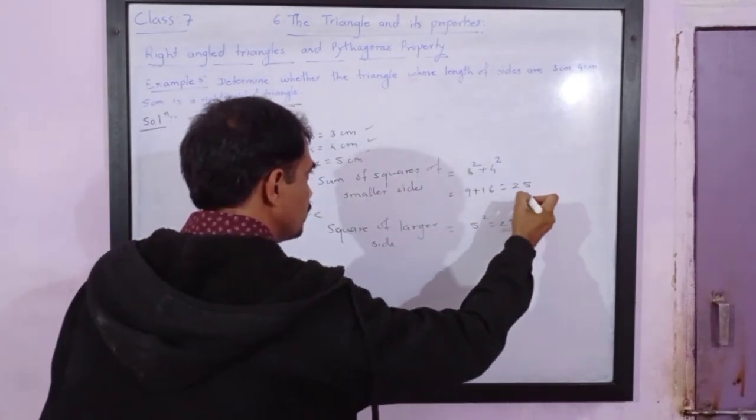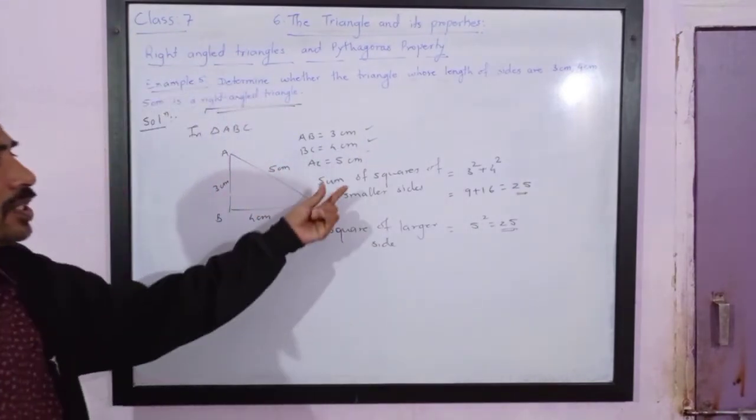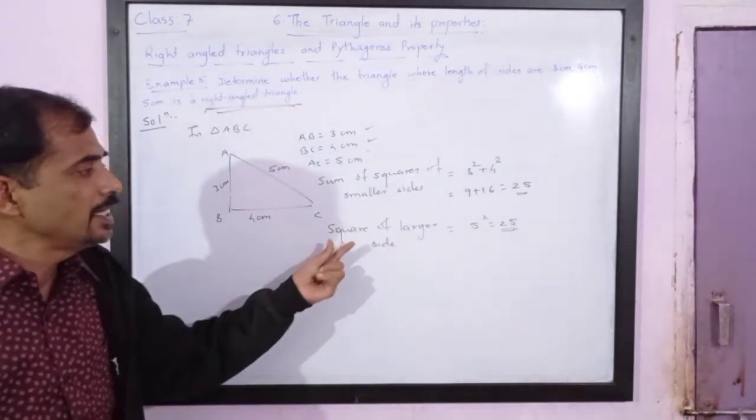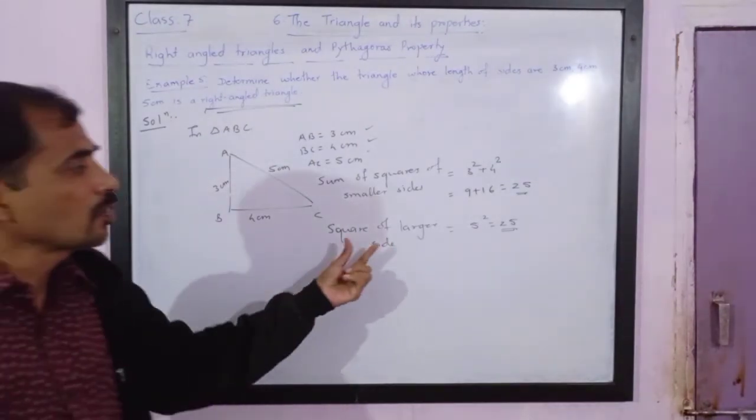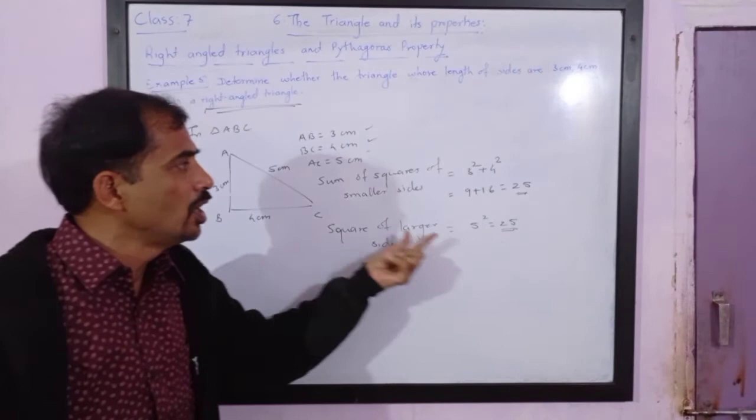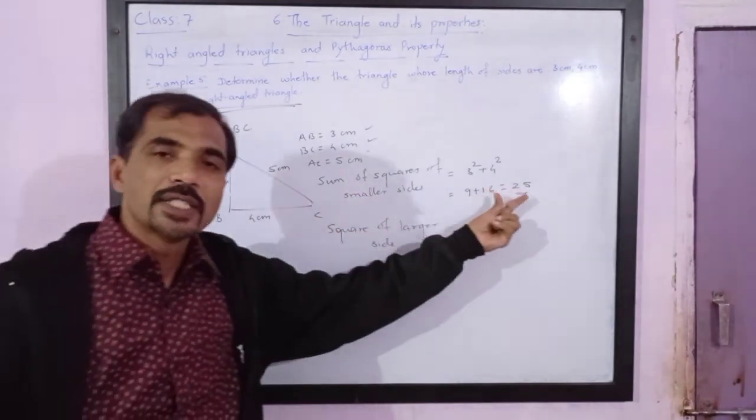Understand this? What have we got? We have got the sum of squares of the smaller sides is equal to the square of the larger side, or the square of one of the sides is equal to the sum of the squares of the remaining sides.